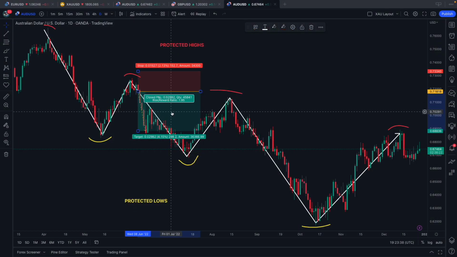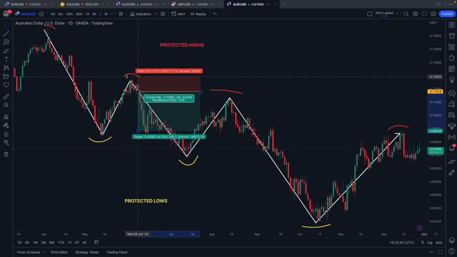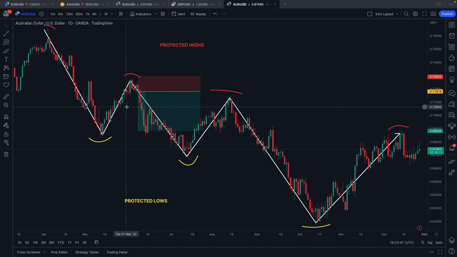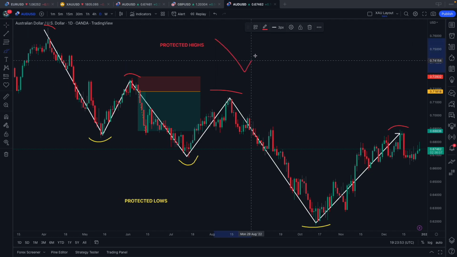So just using this sell position as an example, I would place my stop loss just above this structural high that is created here. Now, again, you might be wondering, well, why are you placing it there? Well, as we know, in bearish structure, lower highs and lower lows are created. The highs are protected and the lows aren't.